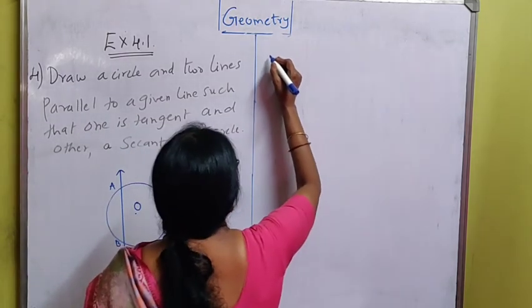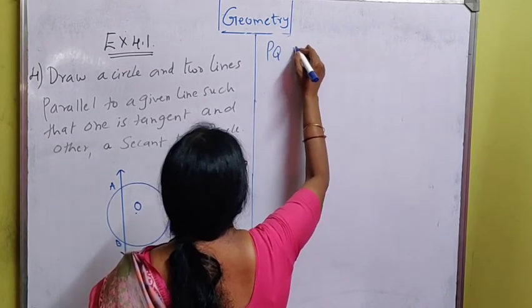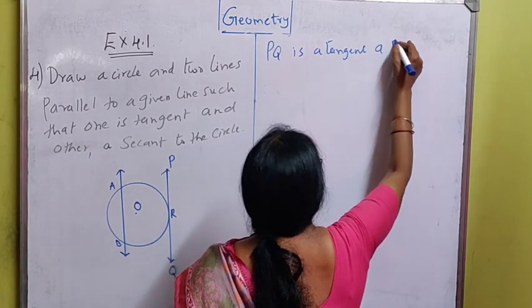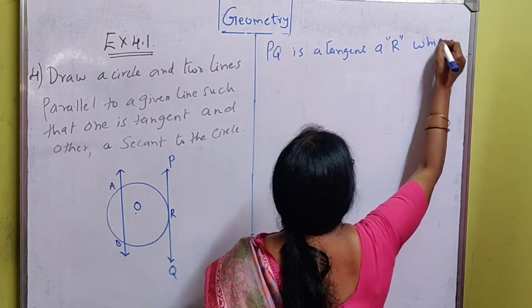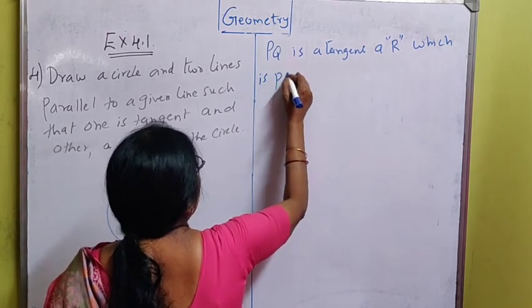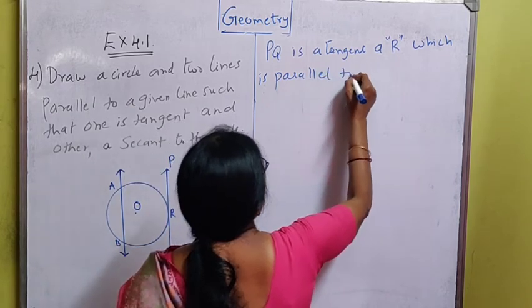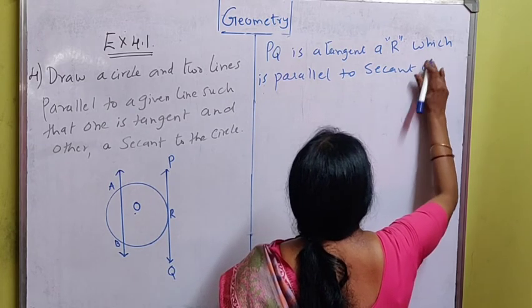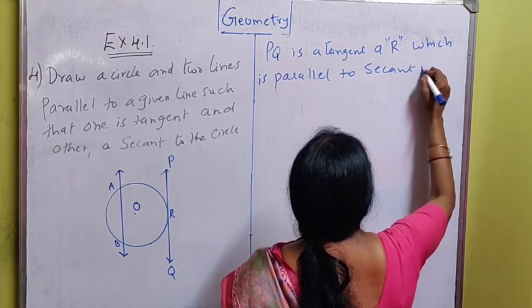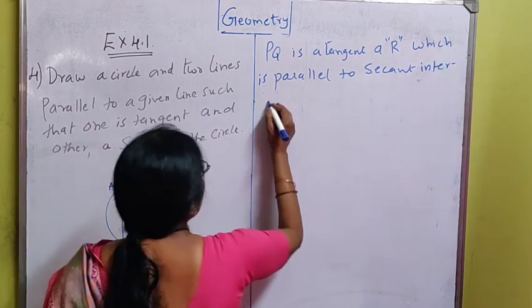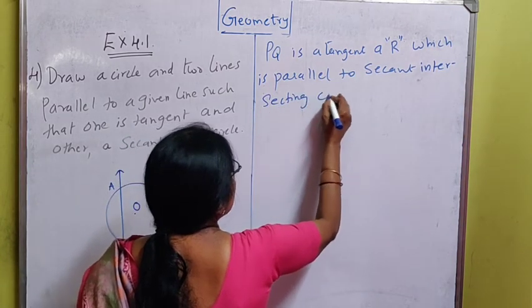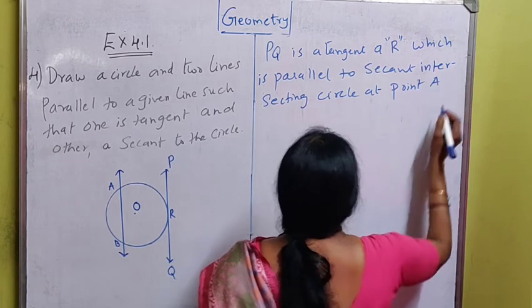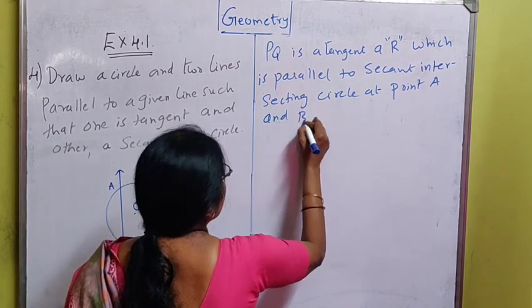So PQ is a tangent at R, which is parallel to the secant intersecting the circle at points A and B. This is your answer.